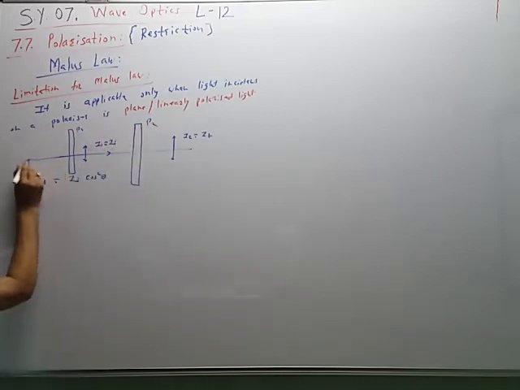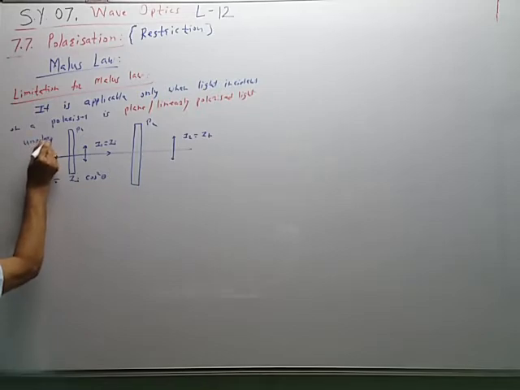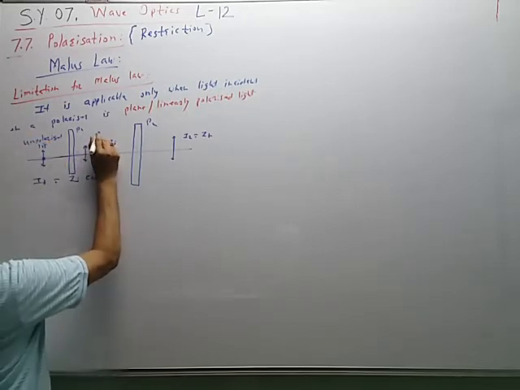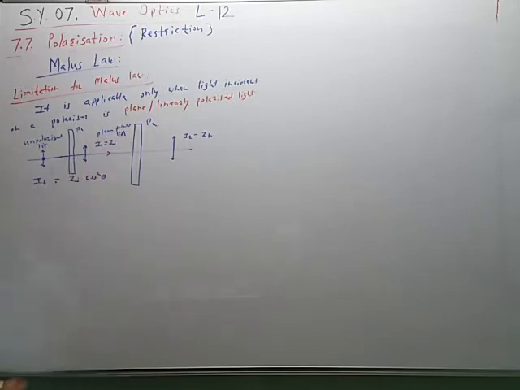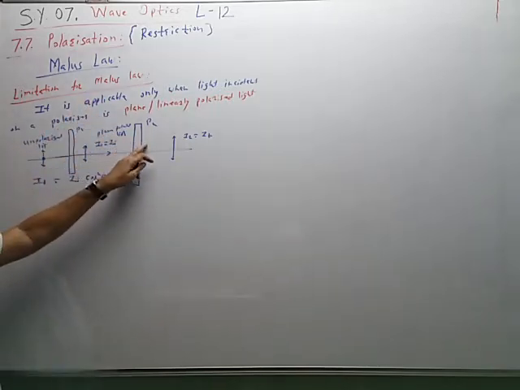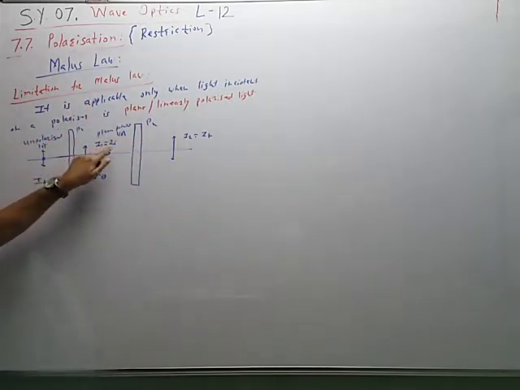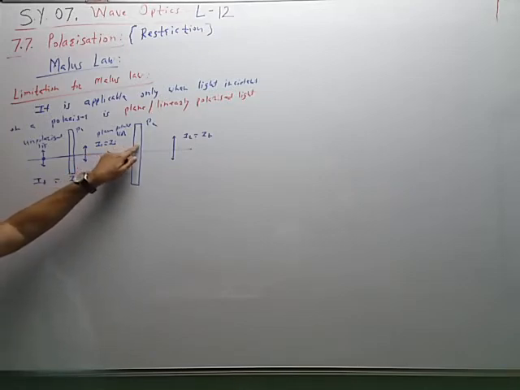It is unpolarized light, then plane polarized light. So this condition is satisfied for P2. So I1 is equal to the incident intensity for this P2.